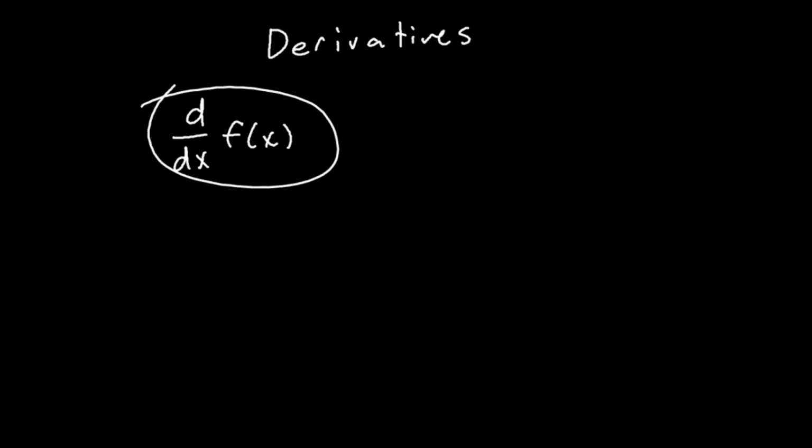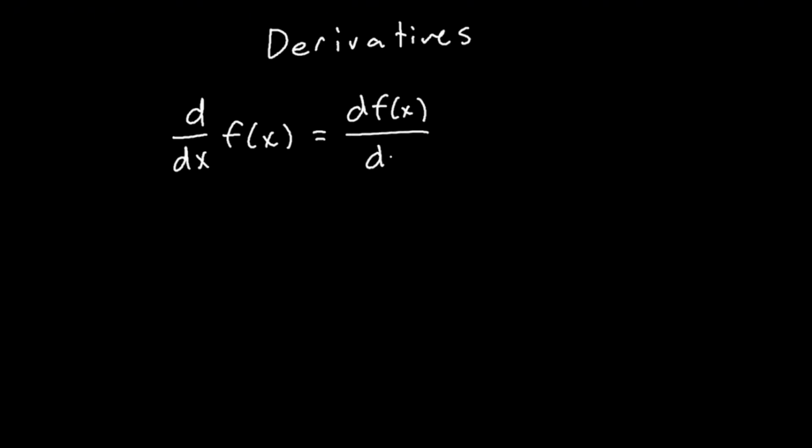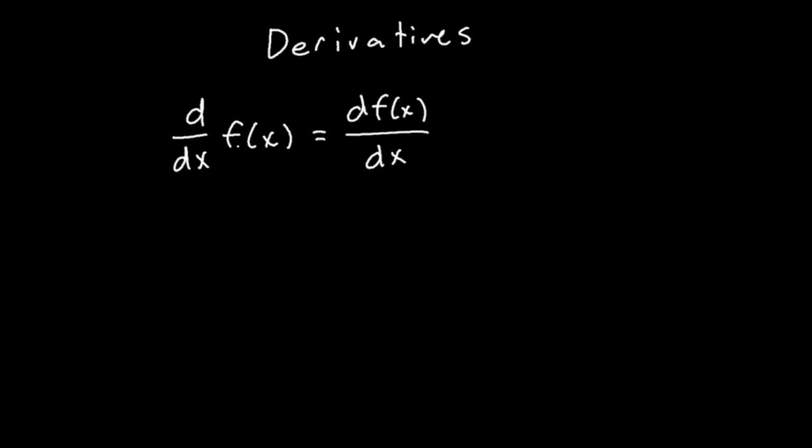So this could be a representation of your derivative, and this is equal to d of your function over dx. You can also represent f of x by y, since f of x is just your function for y. So dy over dx is your derivative notation.